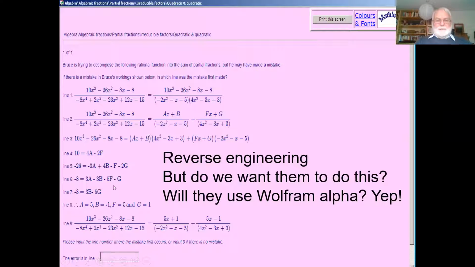And you ask them which line the error's in. And so they are responding to this. They do need to know some mathematics, but again, it's not the same as give them a blank sheet of paper and deduce what's going on here. It's a bit like having a car. It doesn't do everything you want, but what it does do, it does extremely well.